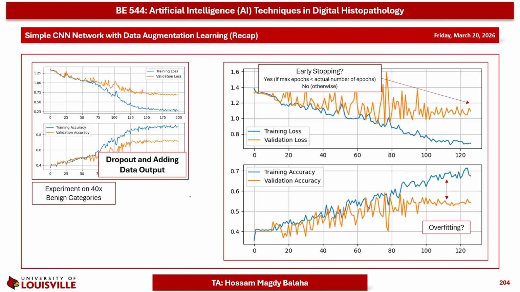Before executing the code, let's remember the output for the 40X benign categories classification using just dropout and data augmentation. And we mentioned that in both experiments there is overfitting, and the experiment of the dropout was better than the data augmentation because the gap of the overfitting there is larger, and it also executed the early stopping without reaching a good performance.